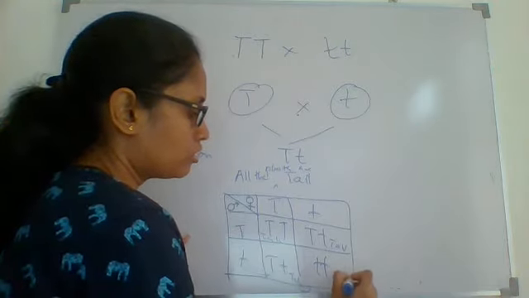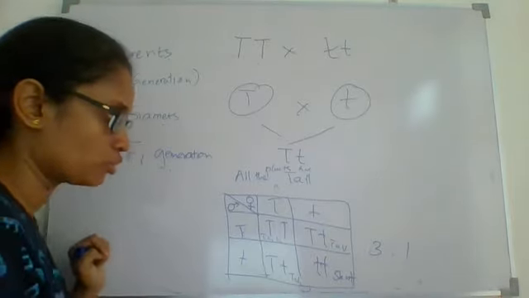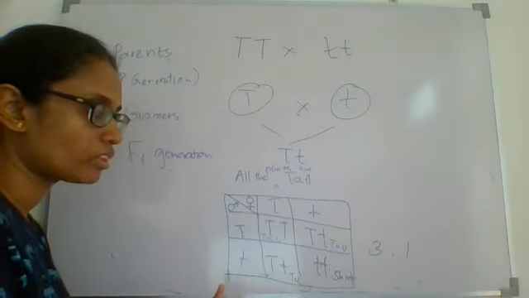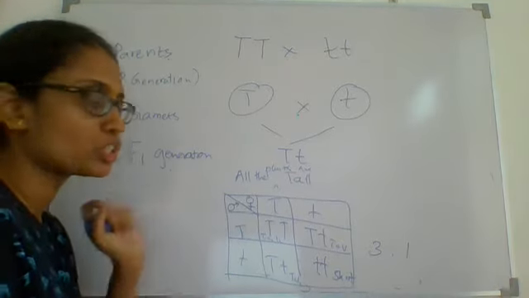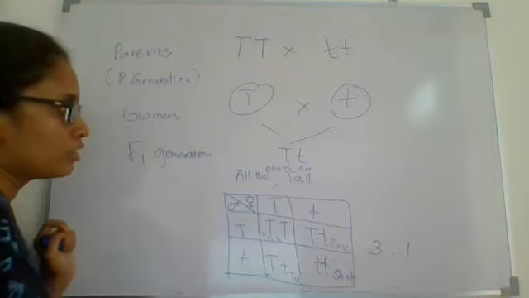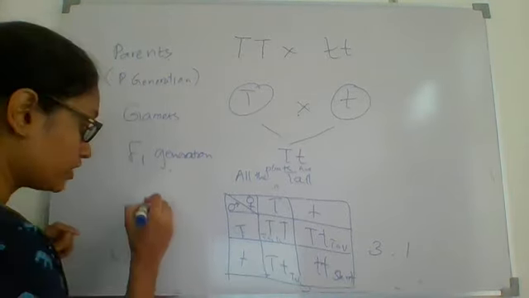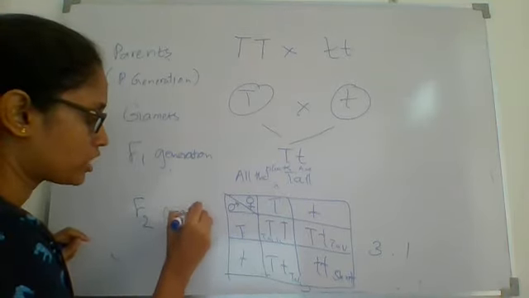That means 3 tall plants, 1 short. A 3 to 1 ratio. But 3 different genotypes, 2 different phenotypes. So this is very important, and this is the F2 generation. You have to mark this as well.